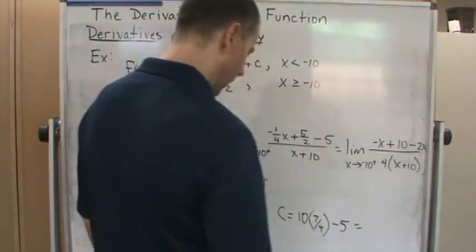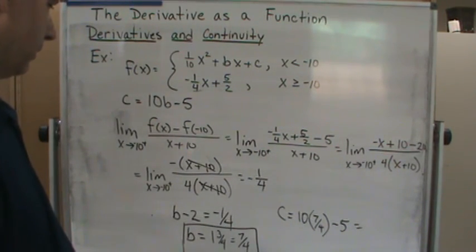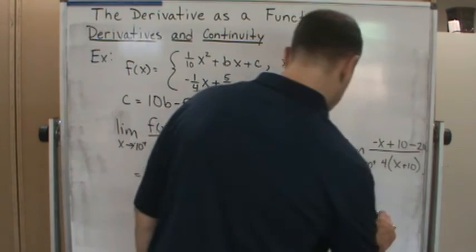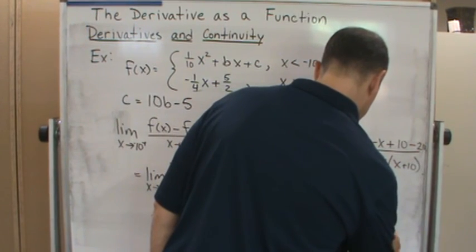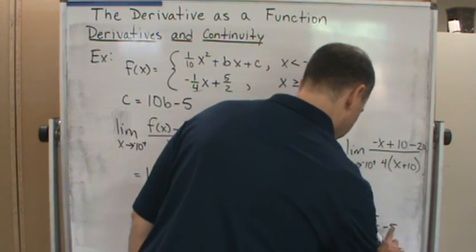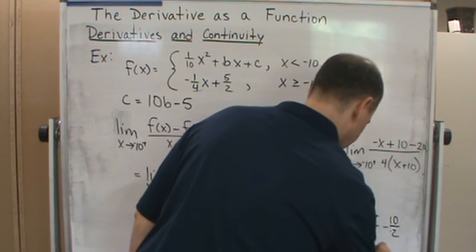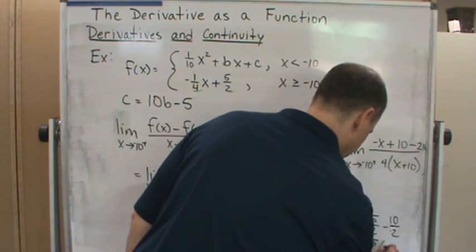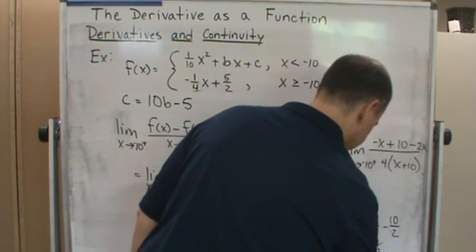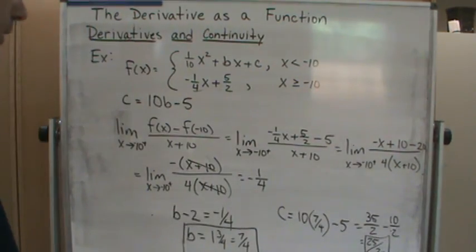So that's 70 over 4, which is 35 halves, minus 5, which is 10 halves. And so that's going to be 25 halves, or 12 and a half, right?